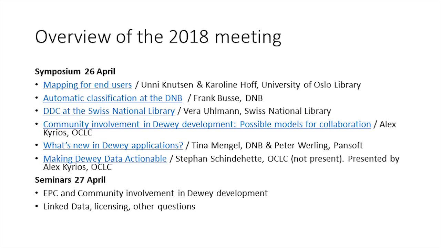And this was a presentation that continued the day after in a seminar where we discussed community involvement. Basically, Alex presented 5 different models for collaboration or community involvement, and I can quickly list them. There's a traditional model where we would just make suggestions to the editors via email or by phone or in face. He suggested task forces of existing committees like EDUG, for example, or other classification groups in different countries.